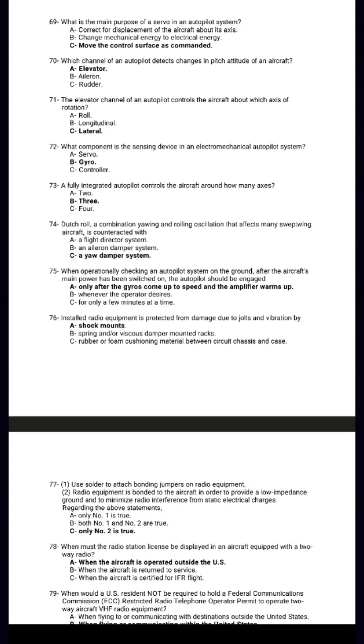So a Dutch roll is counteracted with a yaw damper system. Dutch roll, yaw damper system.